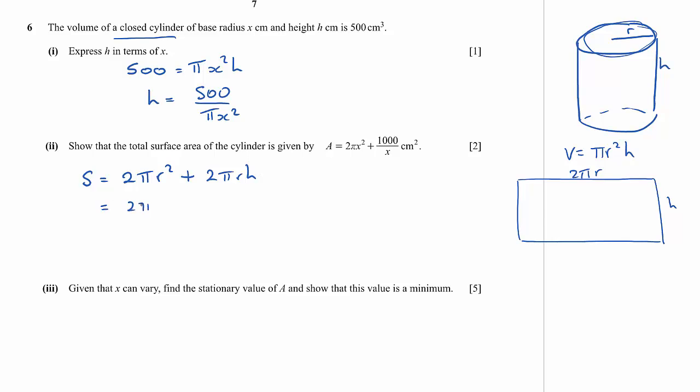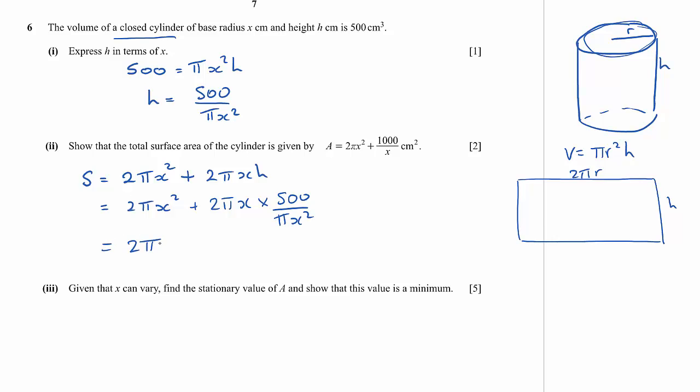So that's 2 pi r squared, x squared in this case. So this will be xh. So 2 pi x squared plus 2 pi x times 500 over pi x squared.